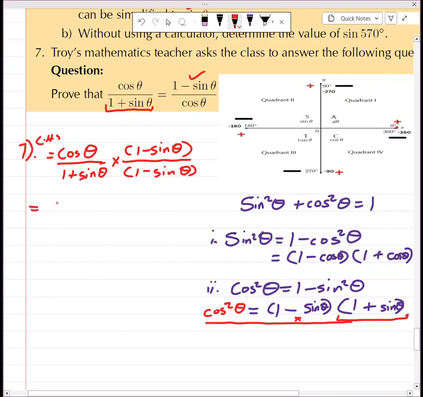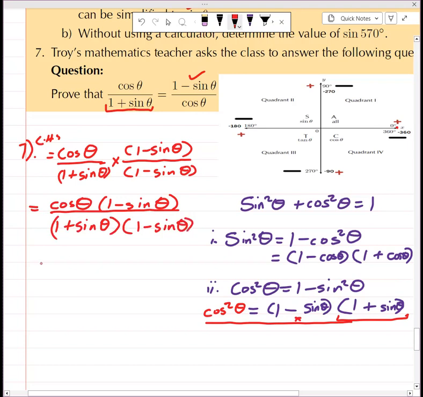So now I'm going to say cos theta, in brackets 1 minus sine theta, all over 1 plus sine theta times 1 minus sine theta. Okay, good. Remember we said the bottom is cos squared theta.